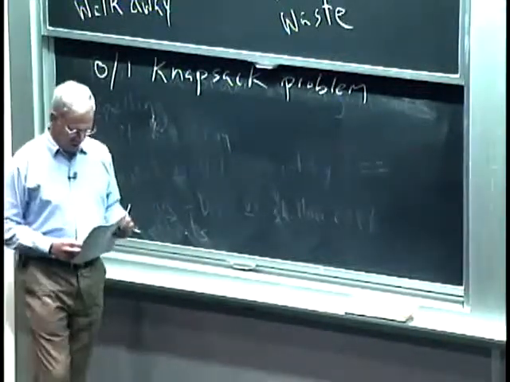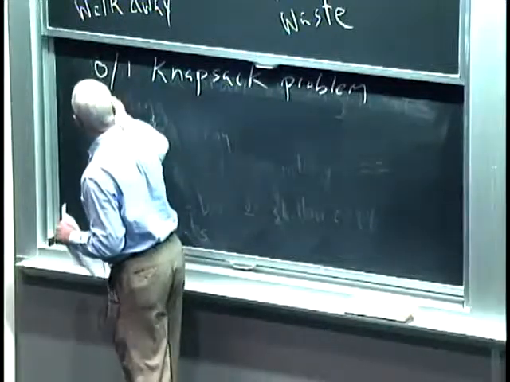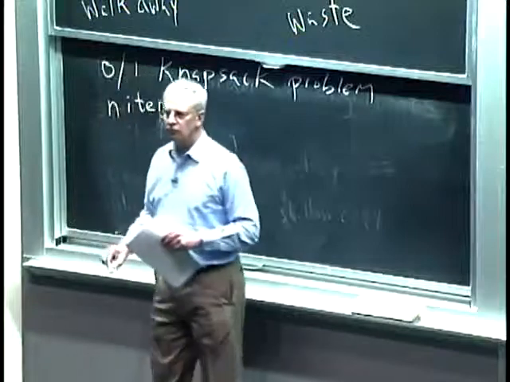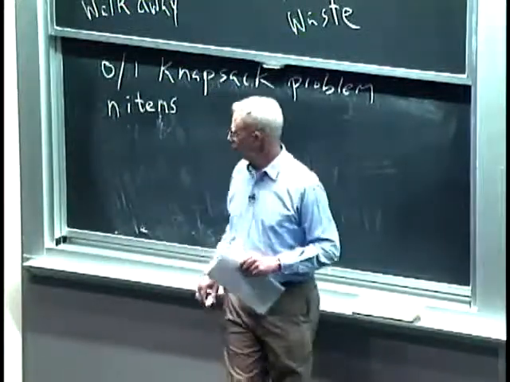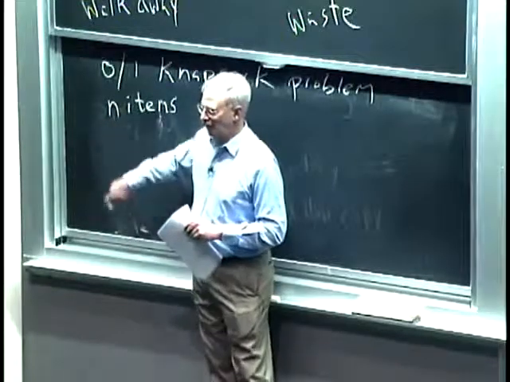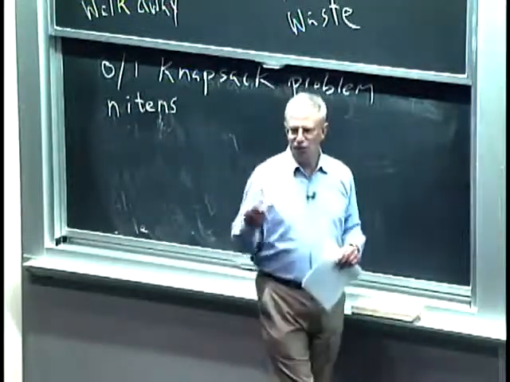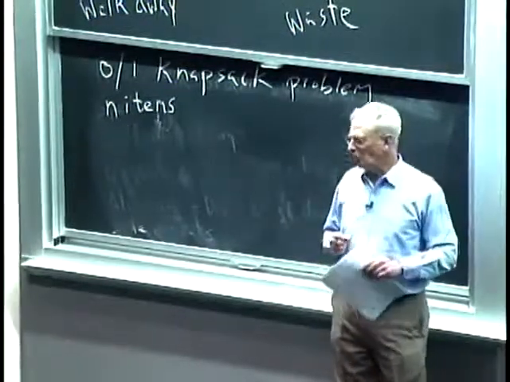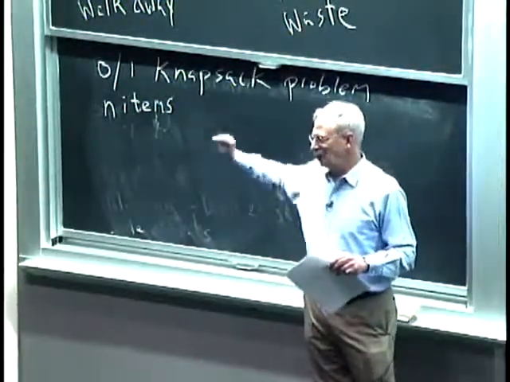The formulation is that we have n items, and at every step we have to either take the whole item or none of the item. In the continuous problem, the good was assumed to be infinitely divisible, and so you could take as much of it as you wanted.